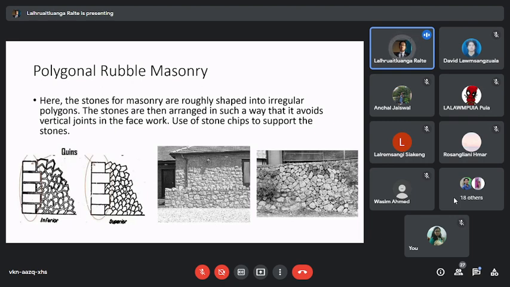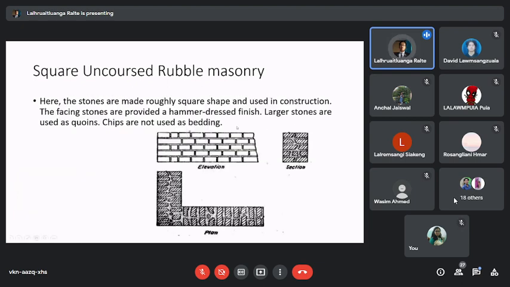Oftentimes in stone masonry and even in brick masonry, the reason why we always interlock our bricks is that, and here you can also see that the vertical joint is broken, right? It's broken in every course over here.